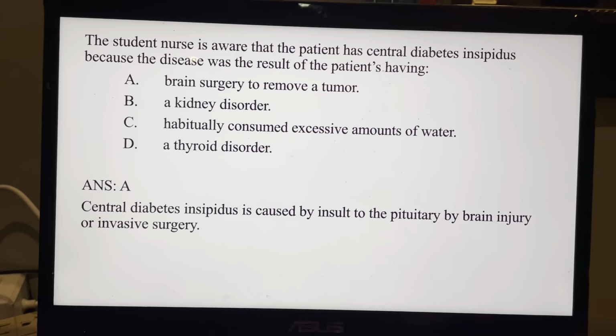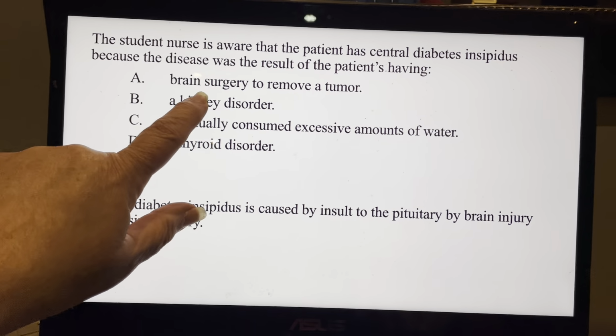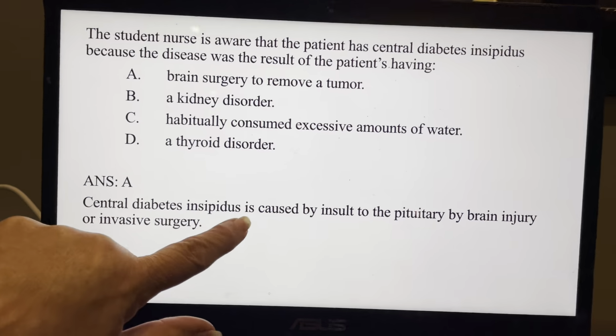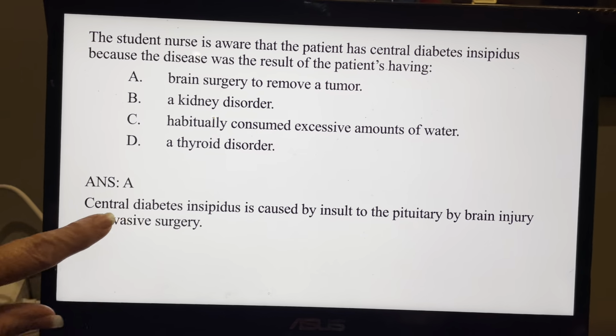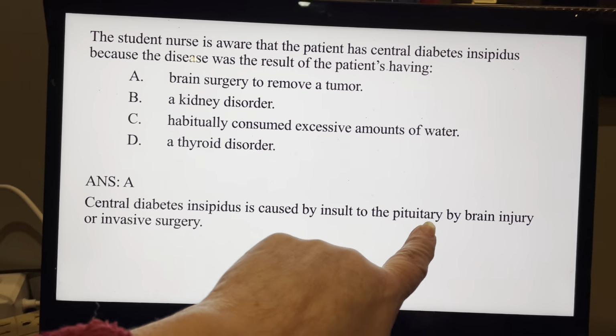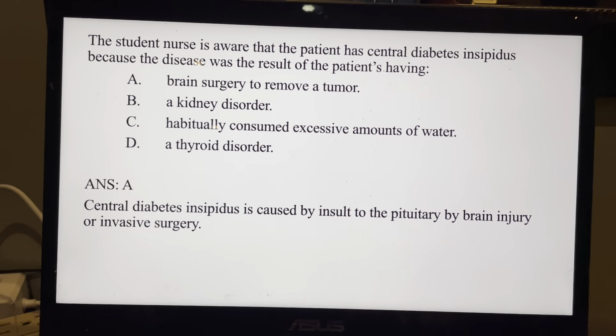Look, it's A, central, because it was up in the middle of his head. Central diabetes insipidus, specifically that kind, is caused by insult to the pituitary or brain injury or tumor and invasive surgery.